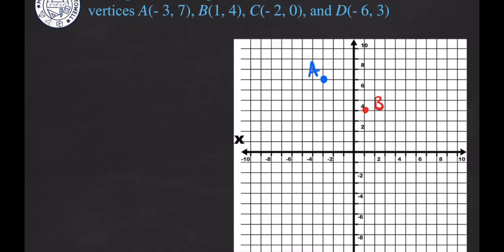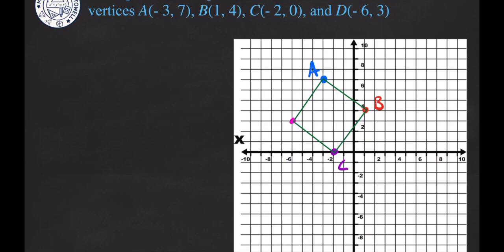If we have point C being 2, 0, and point D being negative 6, 3, we would end up with our shape looking like this. Make sure that we get straight lines, connect our vertices, and that's our shape.